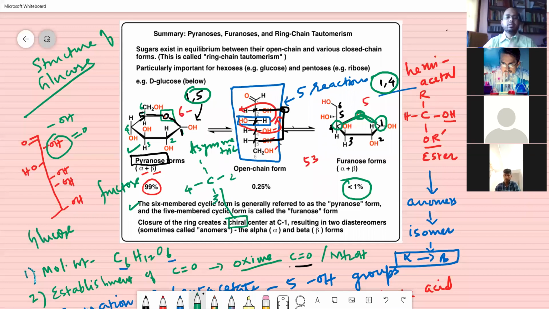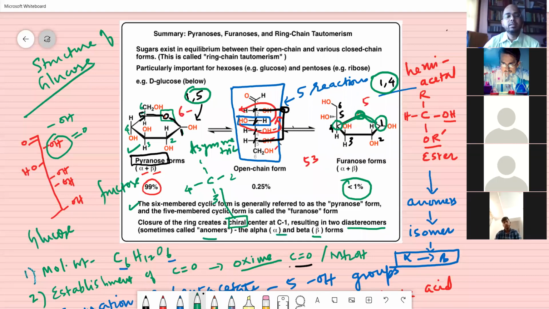Asymmetric means it is not symmetric. Chiral structure at C1 results in 2 diastereoisomers. We are going to see how diastereoisomers and stereoisomers work in the stereoisomer section. Sometimes they are called isomers, and you have the alpha and beta forms, right?